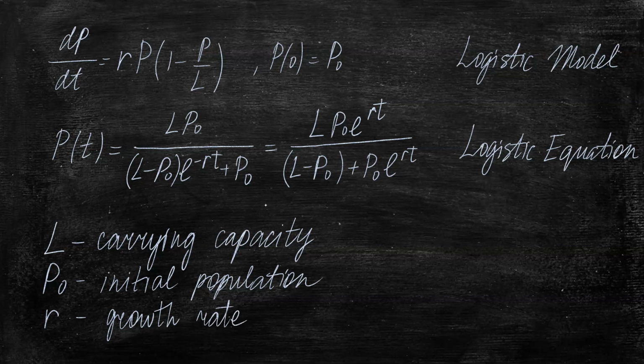So again, the growth rate tells us how fast the population grows if there was no limiting capacity. So this is what we call the limited growth model. It's synonymous to logistic equation.